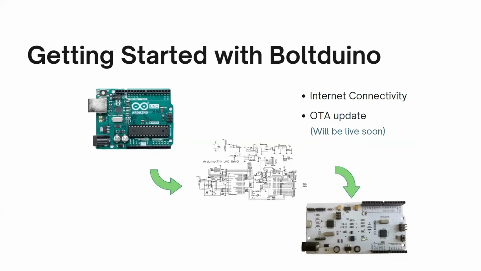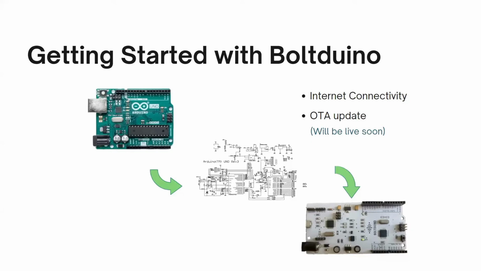As I have told you earlier, Arduino is an open source community where they have put everything in open source. So designs are available for everyone. So engineers at Bolt have redesigned this and created their own hardware that is known as Boldvino.